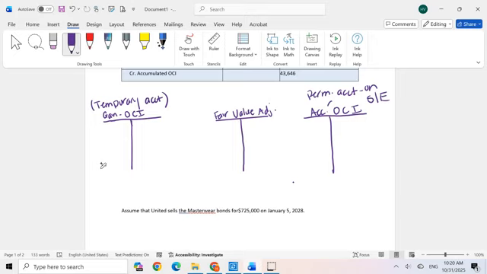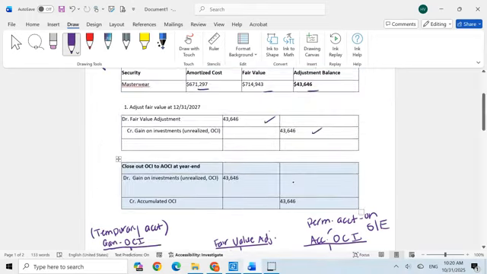But in this situation, we had a debit to the fair value for 43,646. Right? This is to adjust it at year end of 12/31/2027. So we had 43,646. That's the entry we just went through right here.